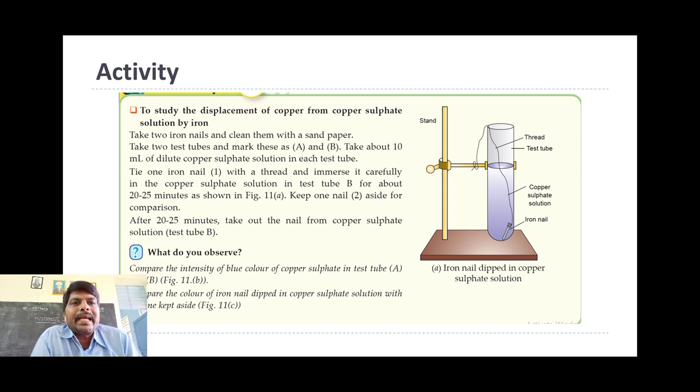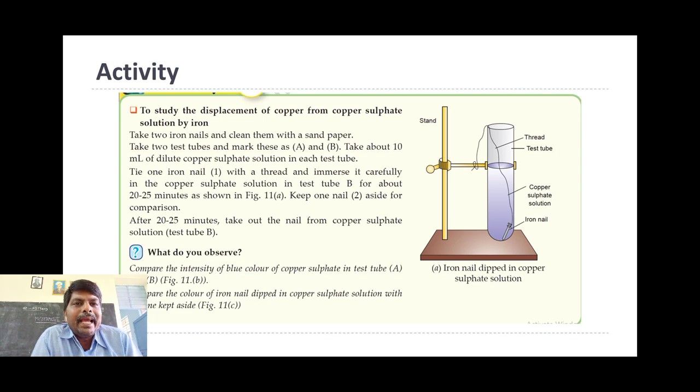For this activity we need two iron nails, and we clean them with sandpaper. Take two test tubes and mark them as test tube A and test tube B. Take about 10 ml of dilute copper sulfate solution in each test tube.